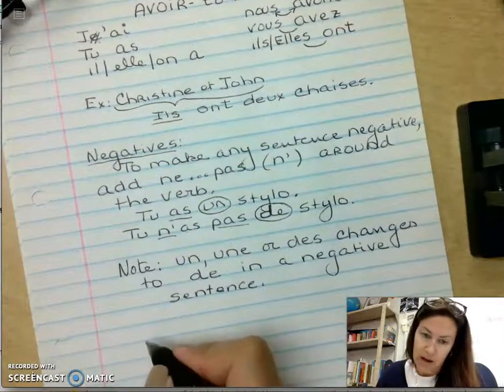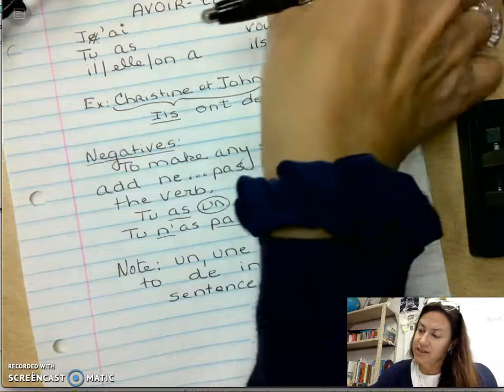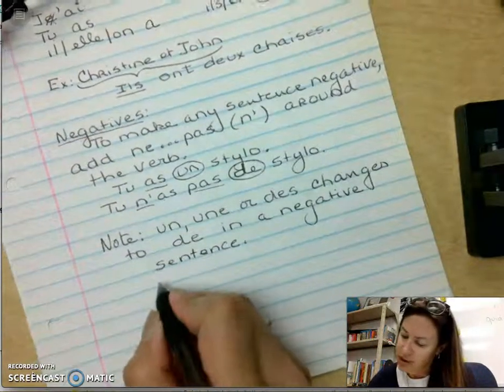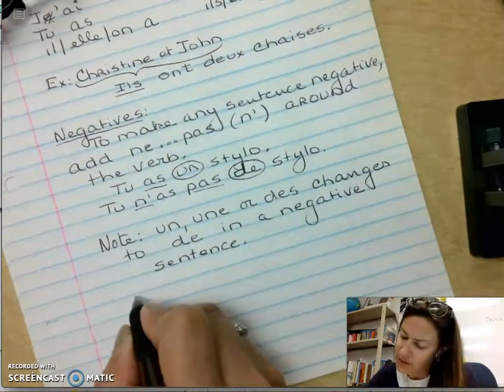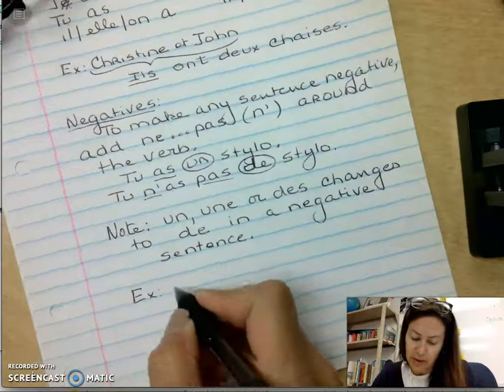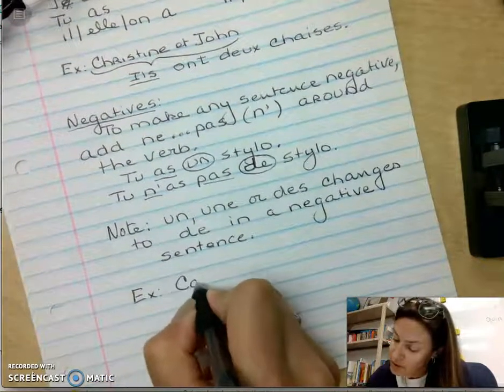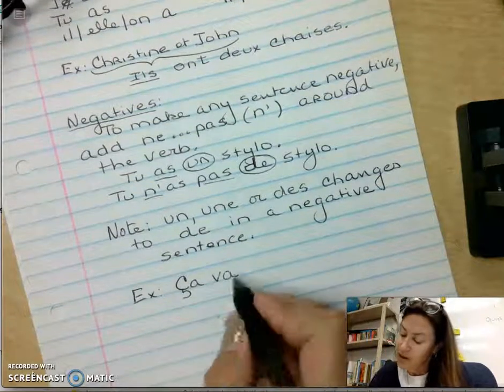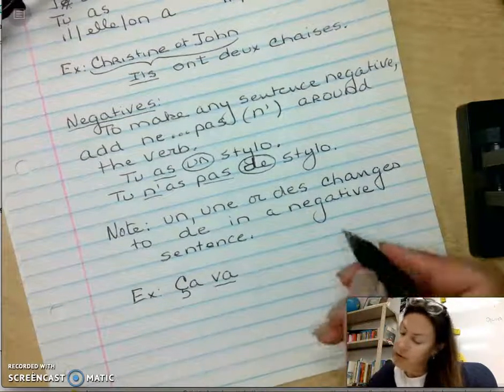Okay. Let me give you an example of a sentence that you've used in the past, just again to practice negative. So for example, when we started out the year, ça va? We know that this is our verb.